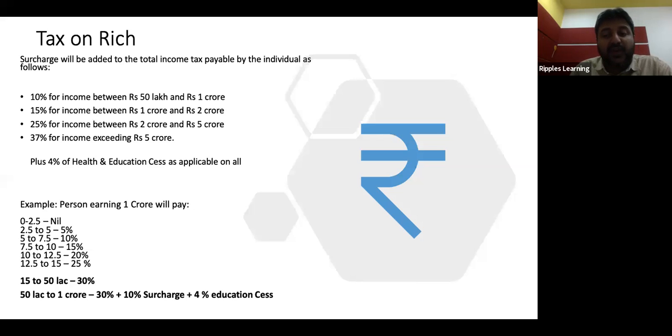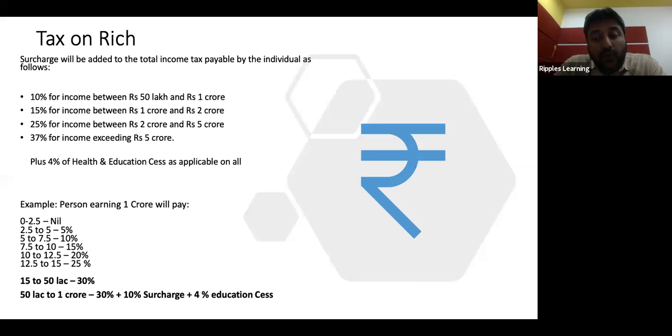If your net taxable income is more than 50 lakhs, that's when you come under that category. If somebody is earning 40, 45, up to 50 lakhs, you normally pay on the structure of up to 30%. Only when you earn more than 50 lakhs does this come into the picture.